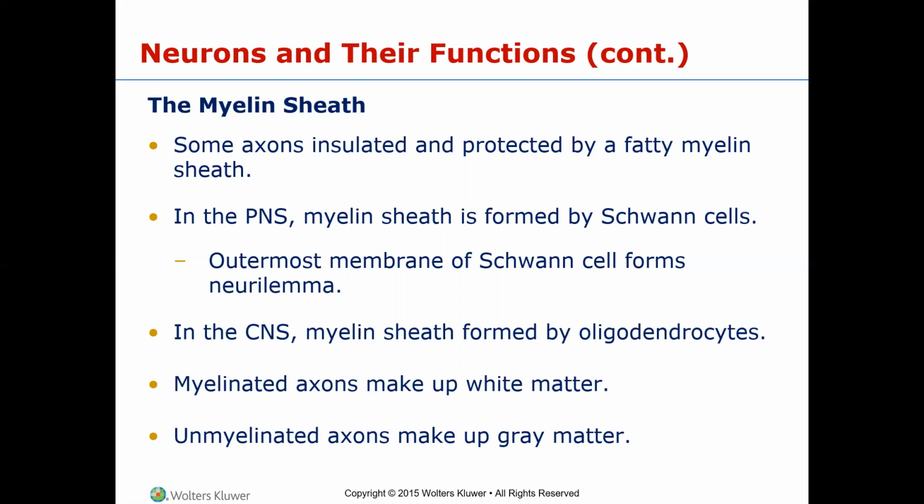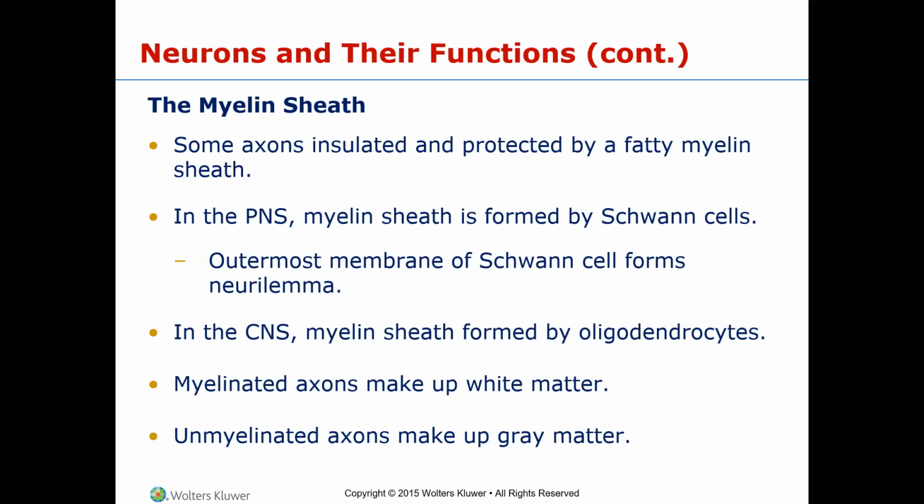And that is actually wrapped, the neuron itself is wrapped in these cells that are called Schwann cells, and it forms the outermost membrane of the neuron in the peripheral nervous system.